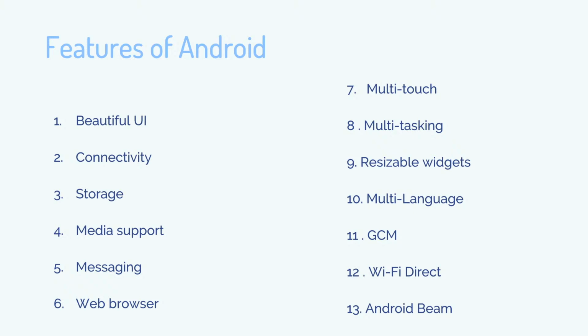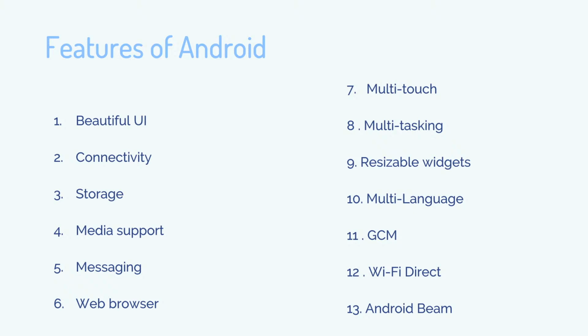And connectivity: we can connect to our TVs using screen mirroring or Wi-Fi Direct, or connect using Bluetooth. Then storage, which everybody knows. Media support goes up to 4K or HD. Messaging everybody knows.